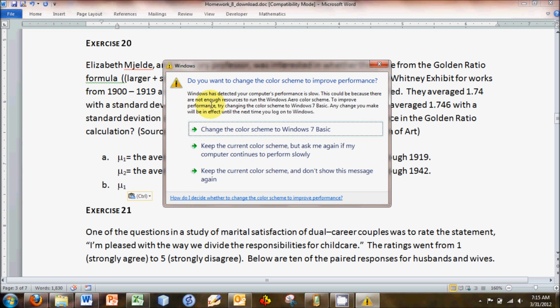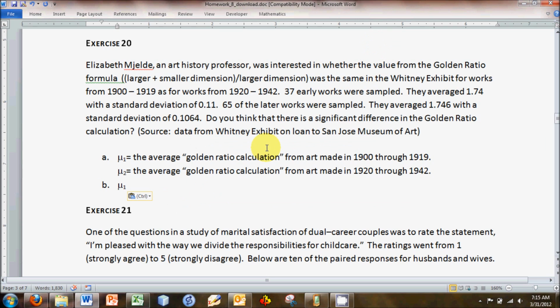So that's going to be my null hypothesis. And then the alternative hypothesis is that they're different from one another.